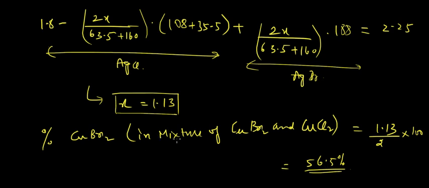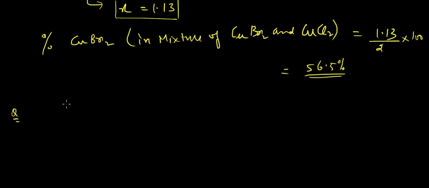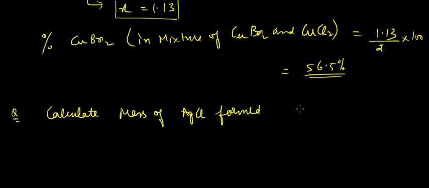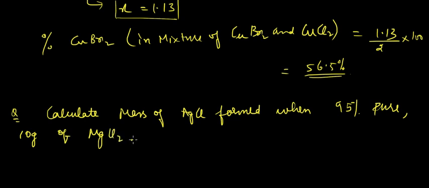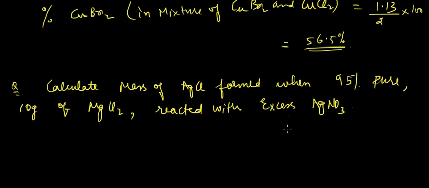Okay, now let's see another problem, wherein you have to calculate the mass of AgCl formed when 95% pure 10 grams of MgCl2 reacted with excess AgNO3, and given the yield of the reaction is 90%.